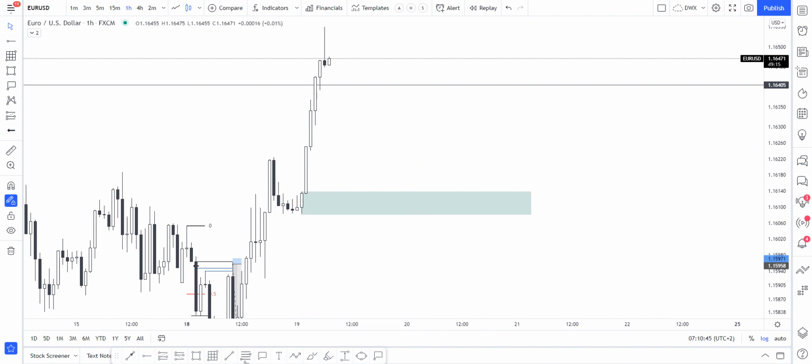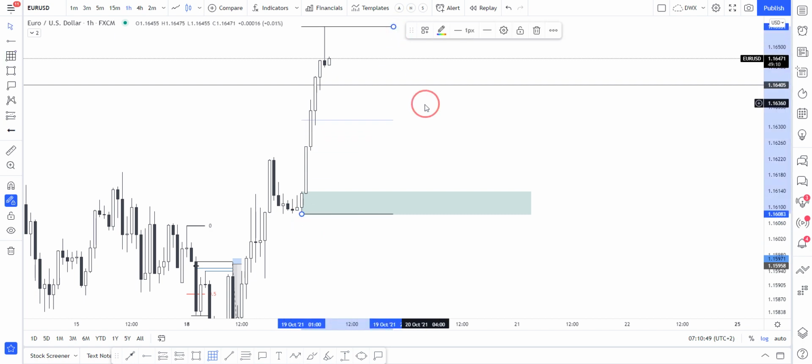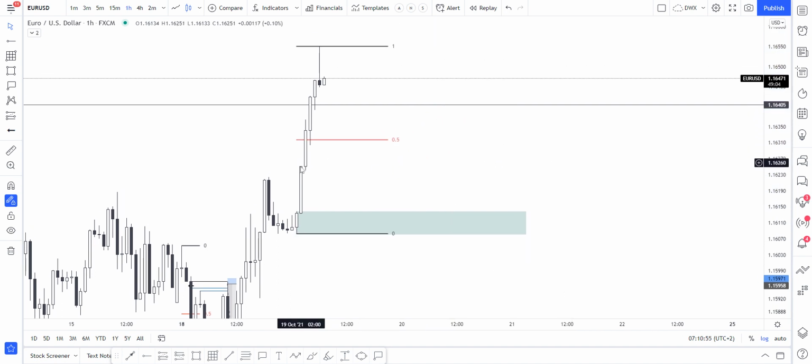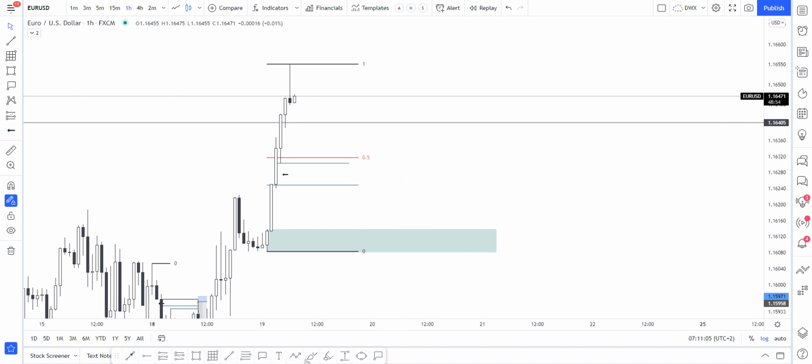And we can also place the tool on here, and we can see anything below the 50%, below the red line is where we would want to see price move into. So price could even just push down, react from this imbalance area. So price doesn't need to go all the way down.